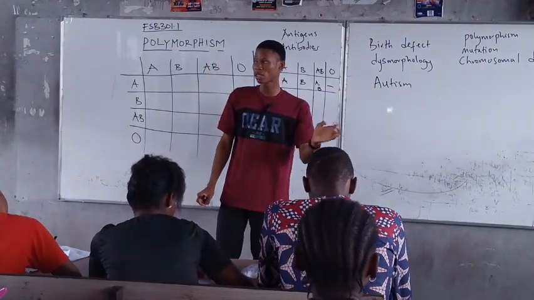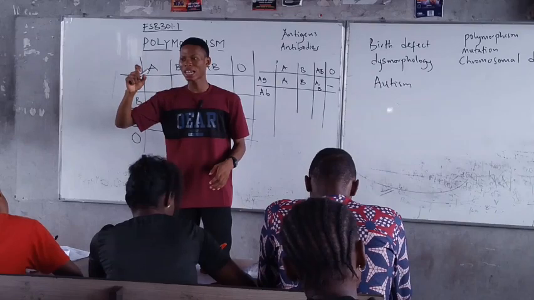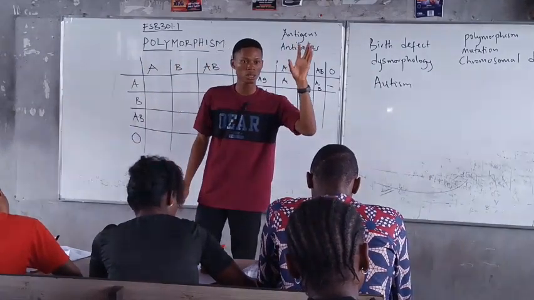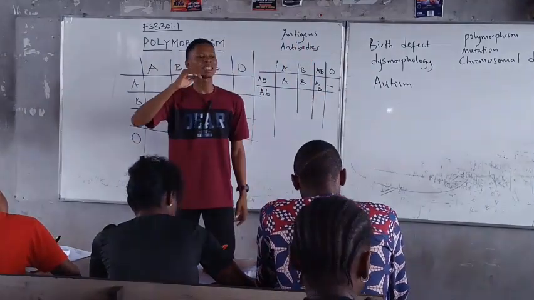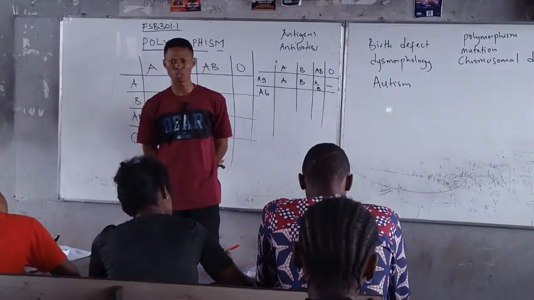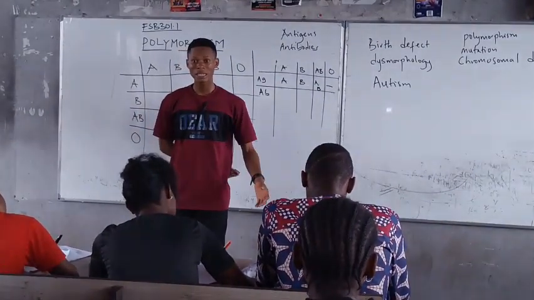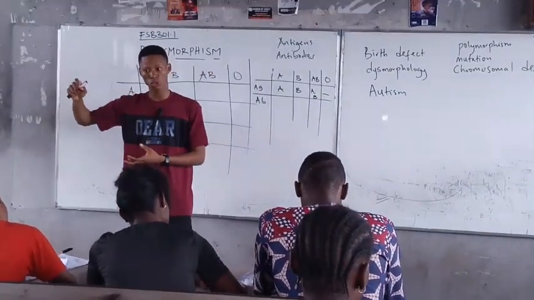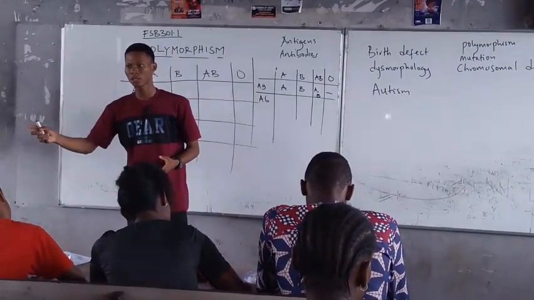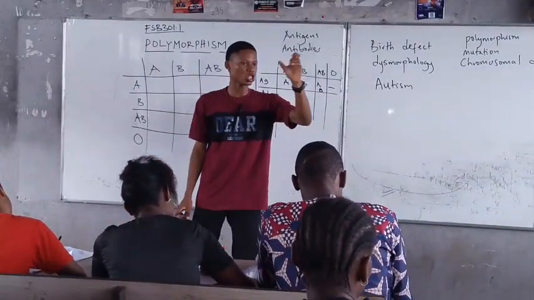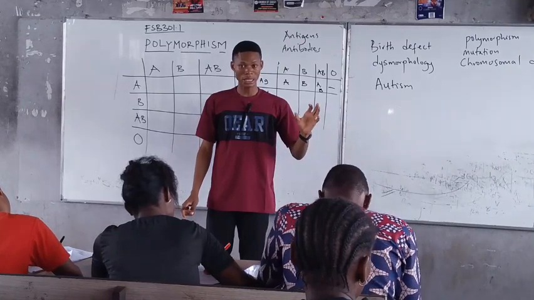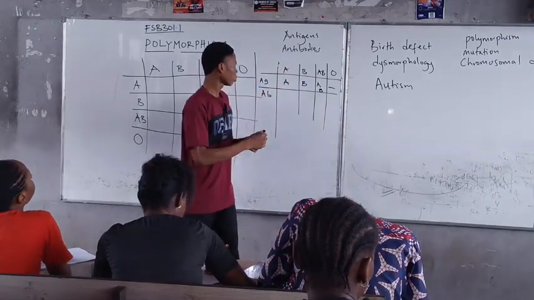A, right? Antibody B can only fight against antigen B. Now, can antibody A fight against antigen B? No, right? They are specific in action. So antibody B cannot fight against antigen A. Do we get it? You get it now.